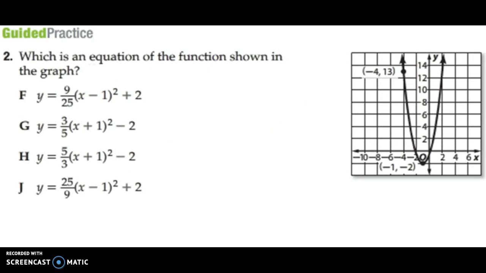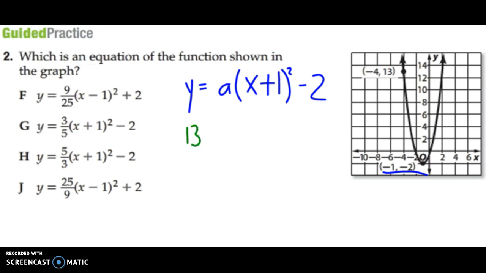So since we know that h and k are -1 and -2, I look at my equation. y is equal to a times the quantity x minus -1, so that would be plus 1, and then plus -2, or I'll just write -2. And then my other point is -4, 13, so I say 13 is equal to a times the quantity -4 plus 1 squared minus 2.